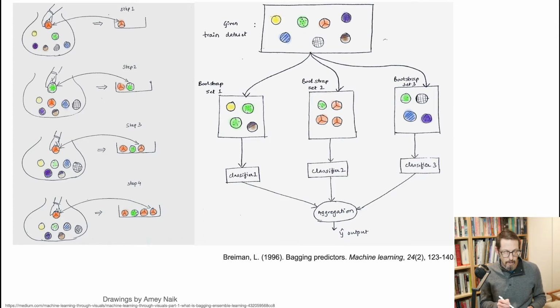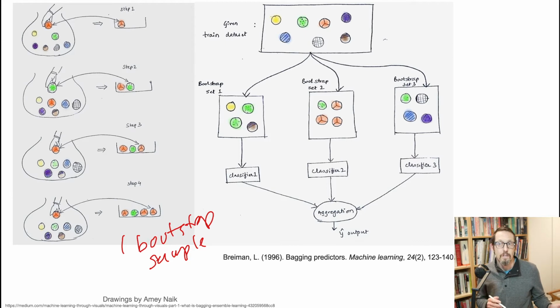We make a bunch of these samples. So this is just one Bootstrap sample. To be more clear about it, what you usually do is if you have n samples inside the bag, we reach into the bag and draw n times.